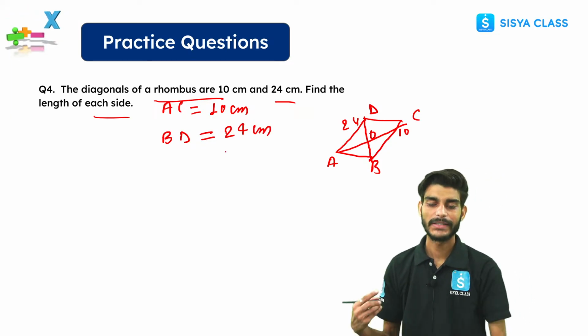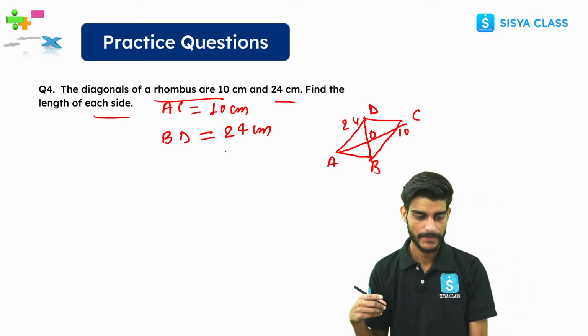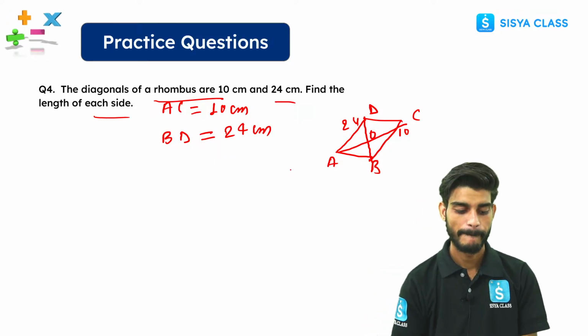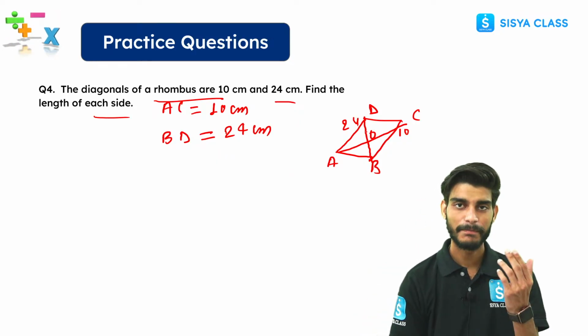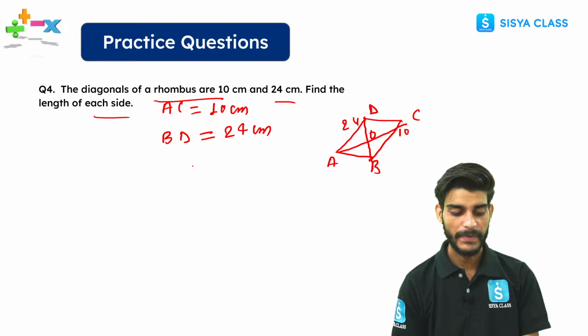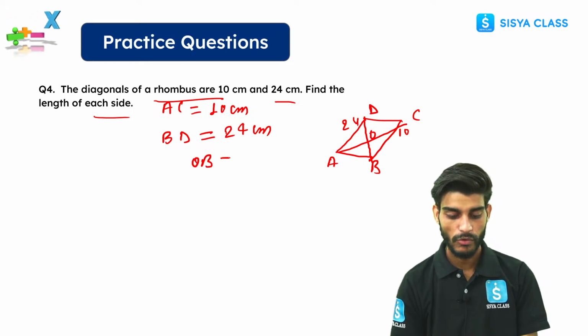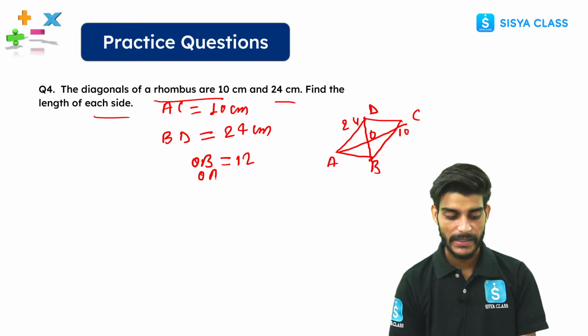Now you remember the properties of a rhombus. Diagonals bisect, right? So OB equals 12, OA equals 5.